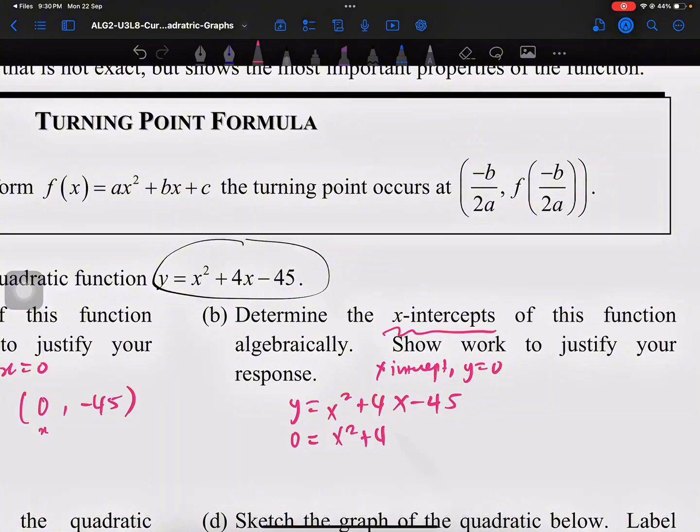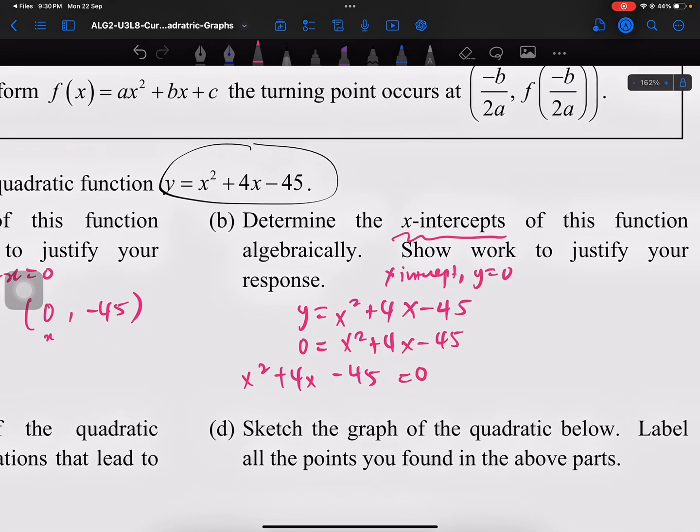You can also write it like this, equals 0, because we always use the left side. When you see this, you cannot factor out any GCF, so you can only use the method to find the values of x, the factors.